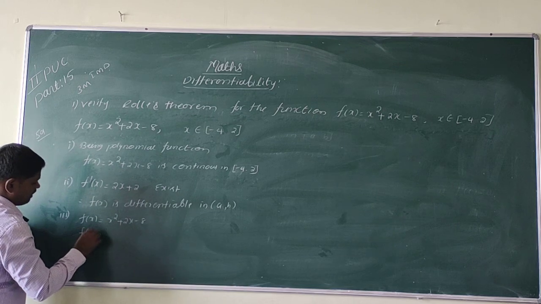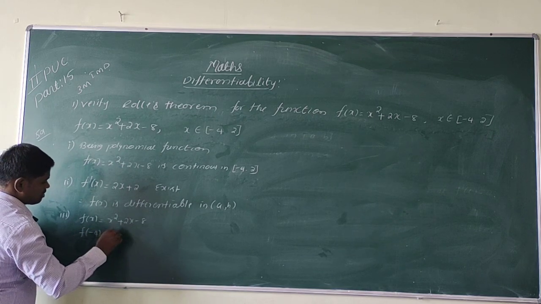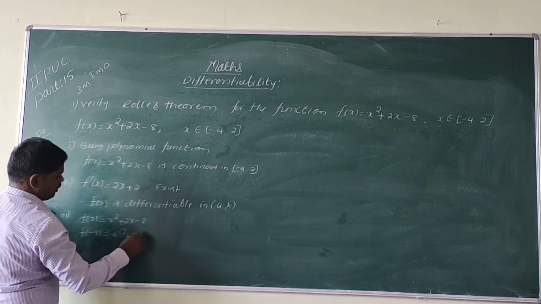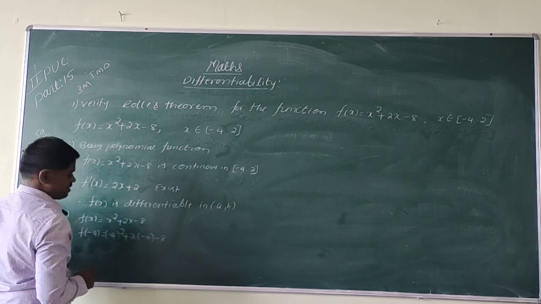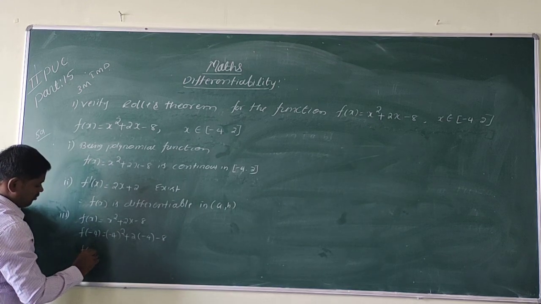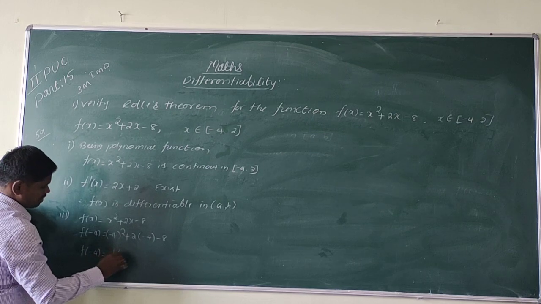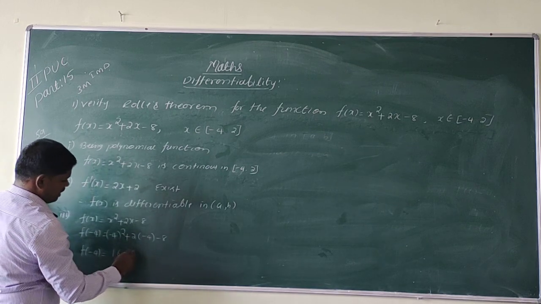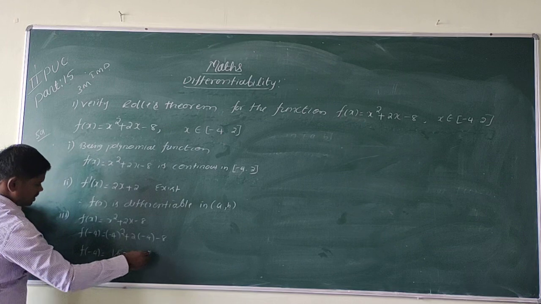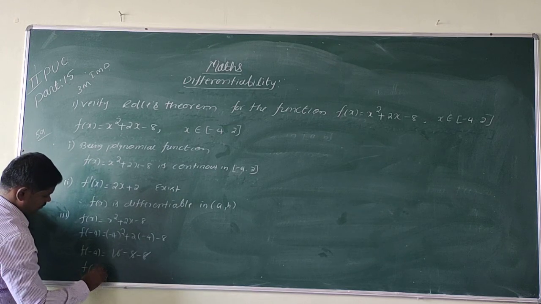Our first one is f(-4). That is (-4) whole square plus 2 into -4 minus 8. So f(-4) is equal to 16 minus 8 minus 8, so f(-4) is equal to 0.